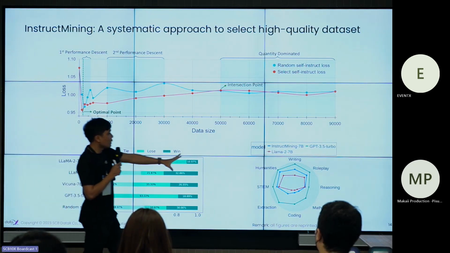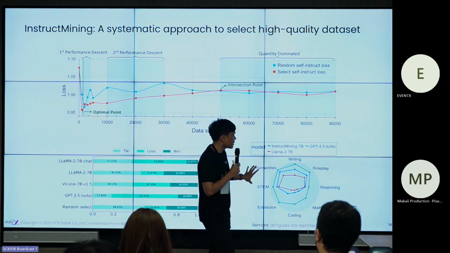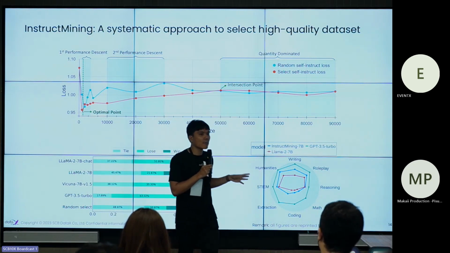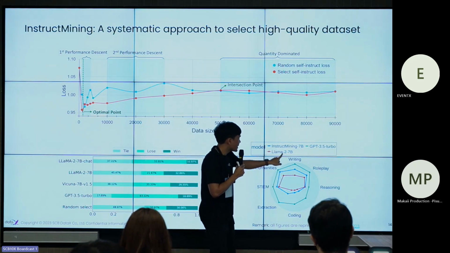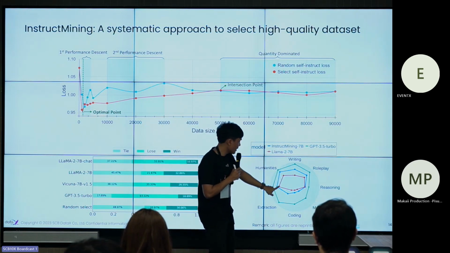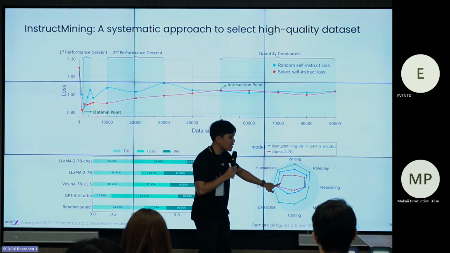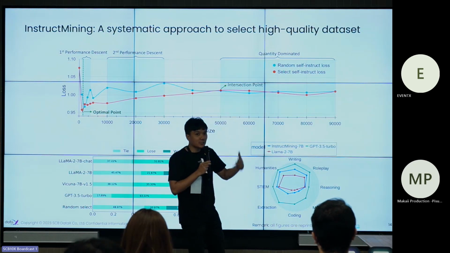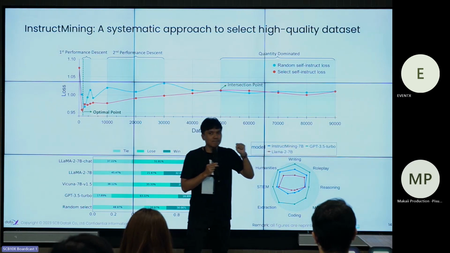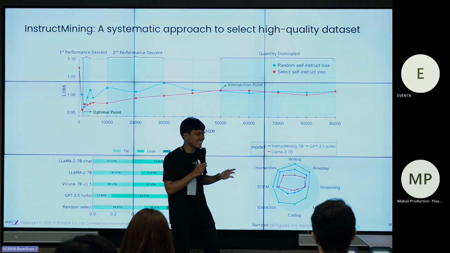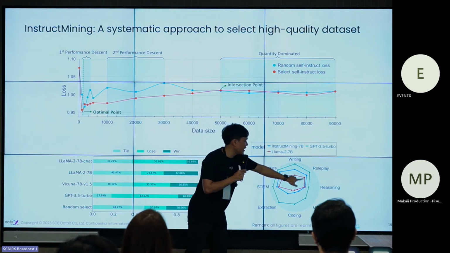And for the bottom right panel, what I would like to show you is the capability from different angles. We start from Llama 2, 7 billion, which has this skill set. And once we fine tune with the data set obtained from the instruct mining process to select the high quality data set, we have this blue curve here.